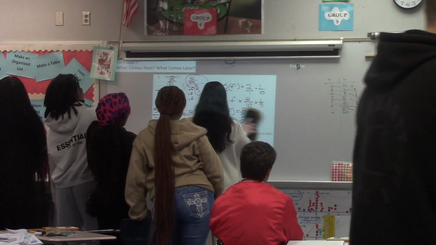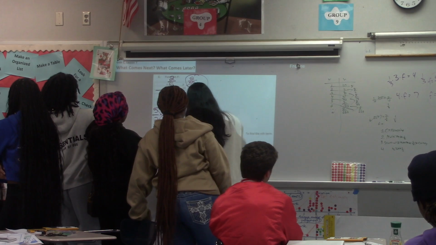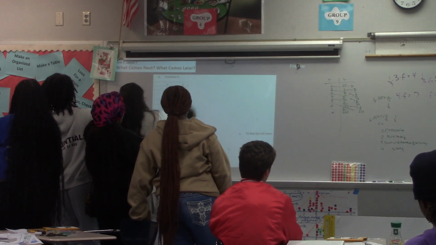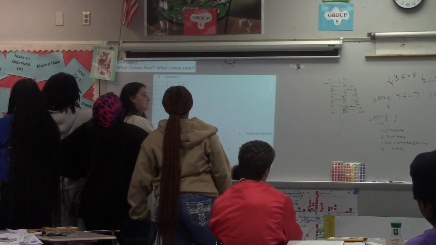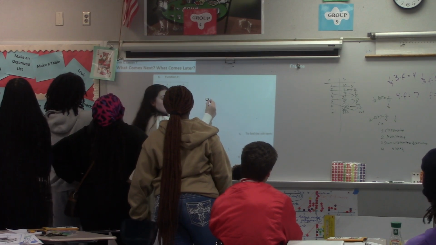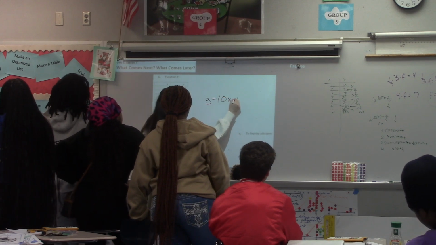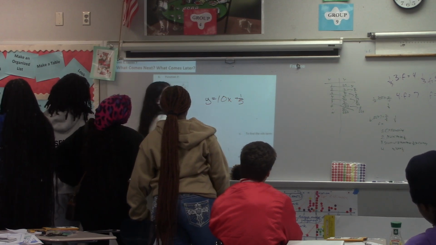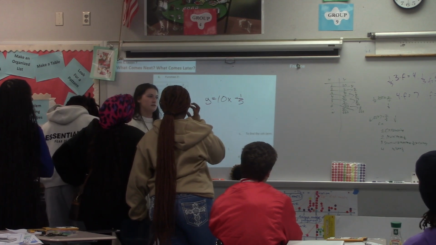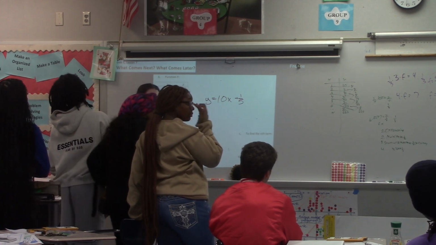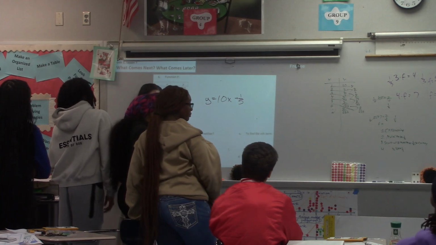Exponential. Do we know how we would set up, or how did you guys set up that equation? I said y is equal to x plus 10x plus 1/5? What did another group get for our equation? Same thing?